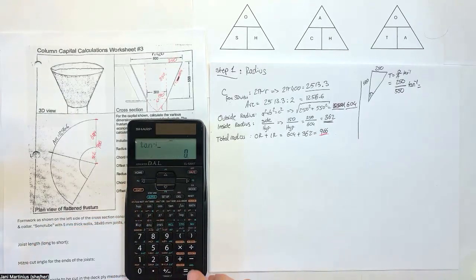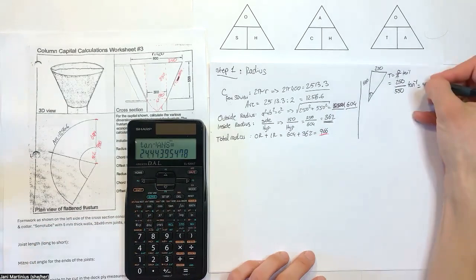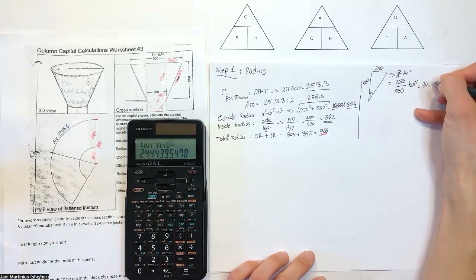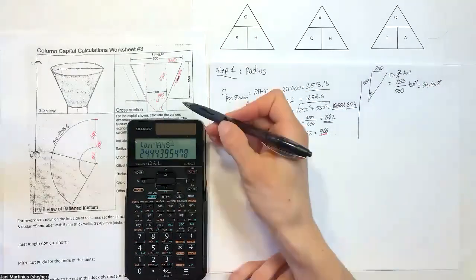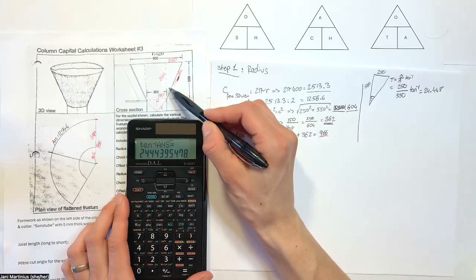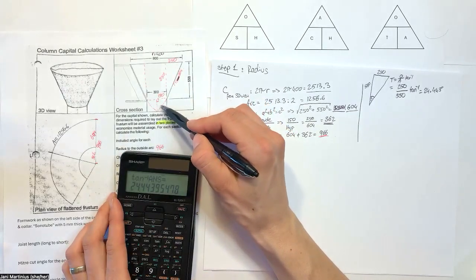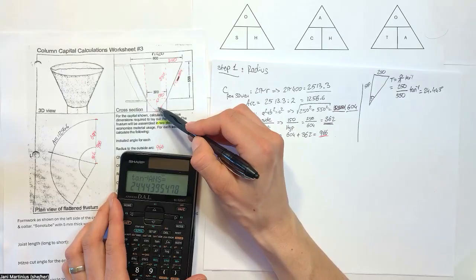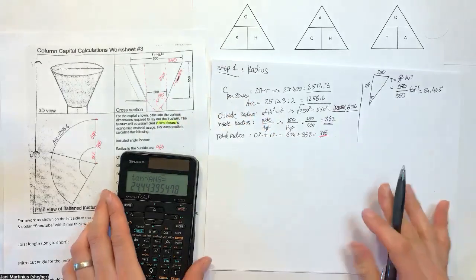So second function tan, 24.443 degrees. So that is this angle right here. Which is the same angle down here. It looks different because my drawing is not as nice, but it's the same one because it's part of the same triangle.